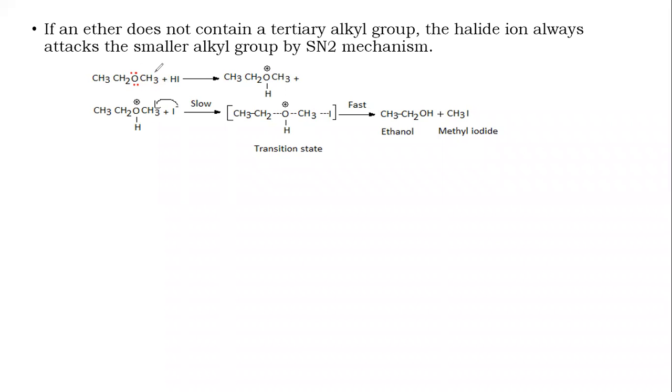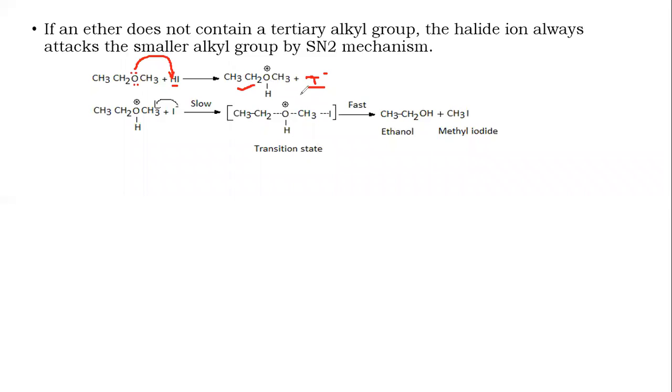These lone pairs of electrons attack the proton obtained from the acid. As a result, it forms protonated ether with the formation of halide ion.